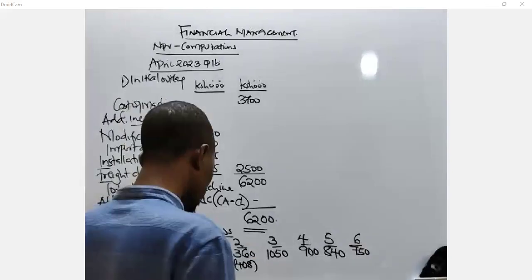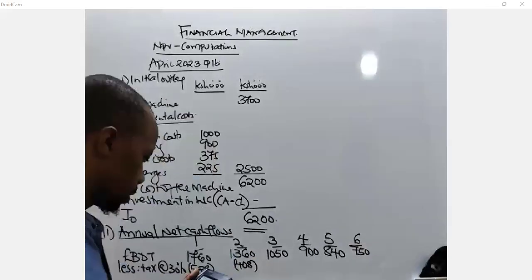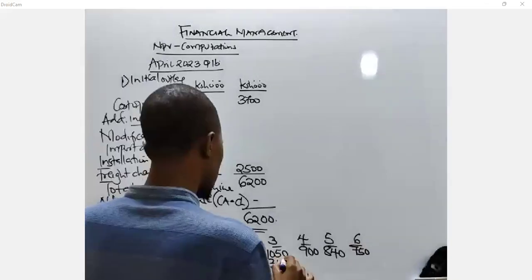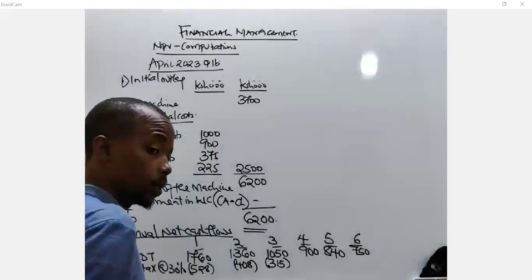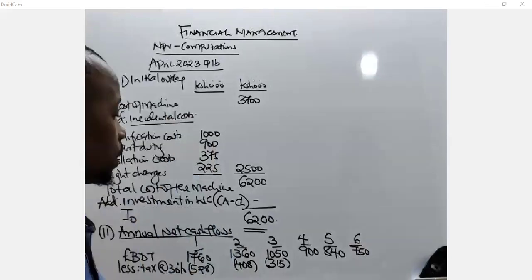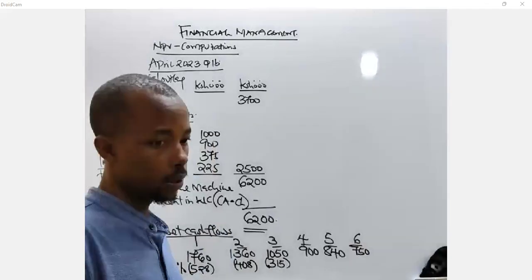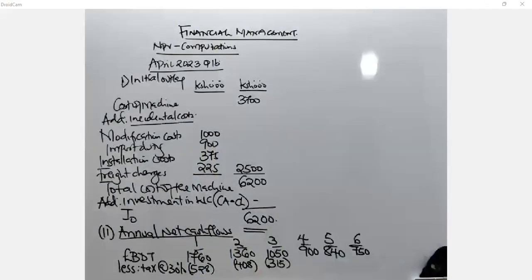I have a question. The investment in WC that you added up there, can you explain that to me? It's the one after the total cost of machine. The investment in the working capital is not in the question.